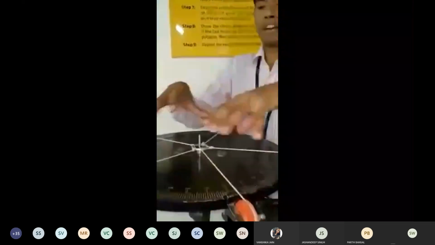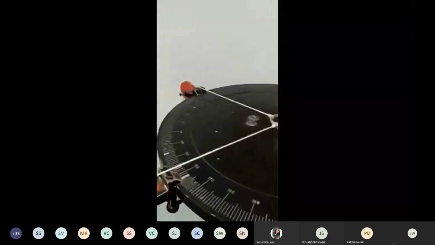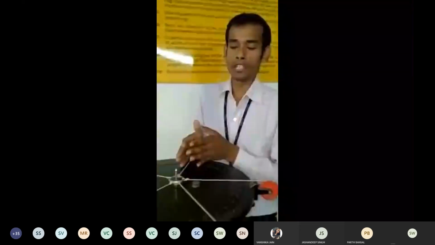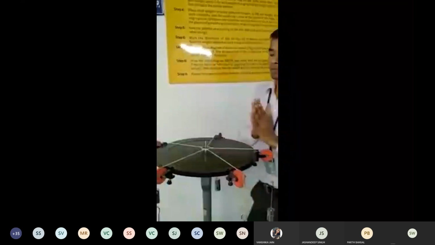Yes, sir. Now you can see the different angles are engraved, that I have already told you. For the threads here, you can see the circular disc is there. Different angles are also engraved here. So earlier you were asking me, sir, how we have to calculate the angles. So this is how you have to calculate the angles.